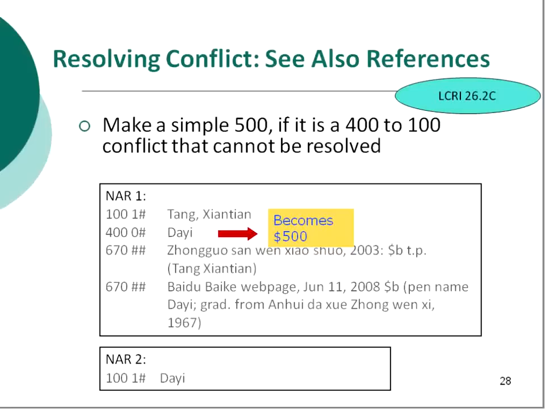Again, we have the conflict between the reference 400 and authority record number 2, 100 heading form. In this case, the cataloger went to reference sources but did not find information to break the conflict. So the 400 becomes a 500 to resolve the conflict.